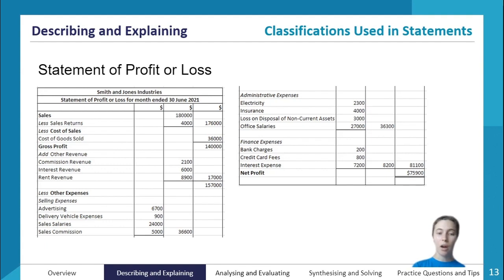So you can see how it makes it a lot easier instead of having this huge long list that is hard to absorb and hard to understand. Dividing it up to make it a bit neater is what this classification system provides in the way of benefits.